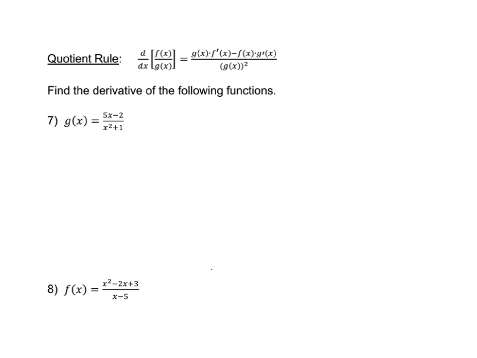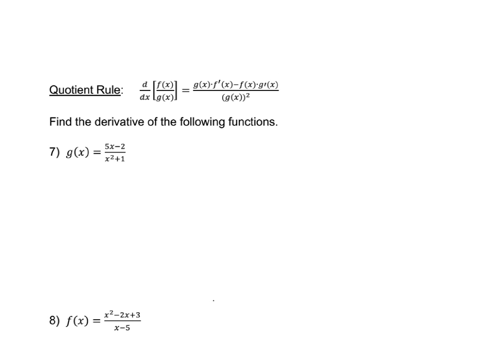Unlike the product rule, which I'll remind you of up here, which was a combination of the derivative of each function. So it was like derivative of f times the original other function plus the regular original f times the derivative of the second function.